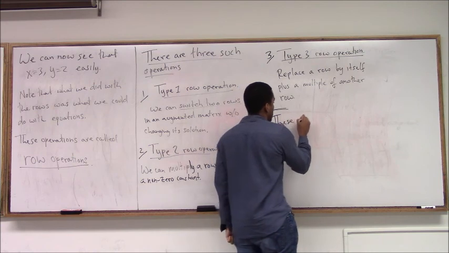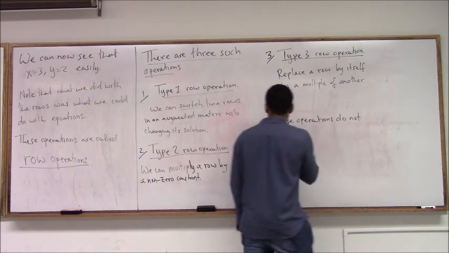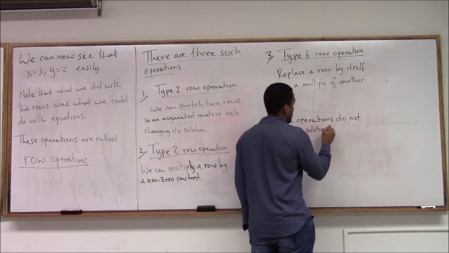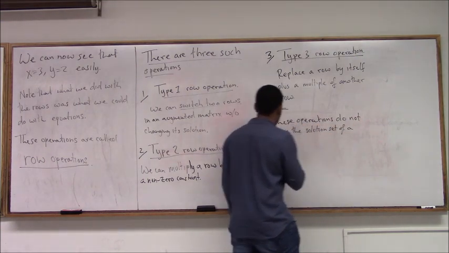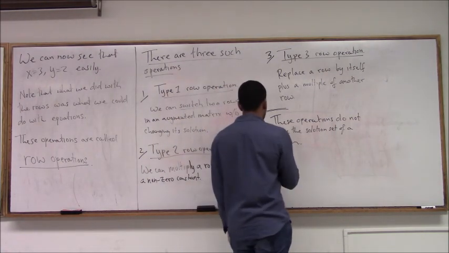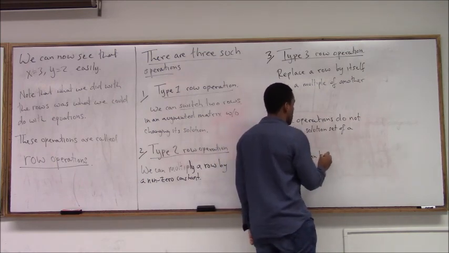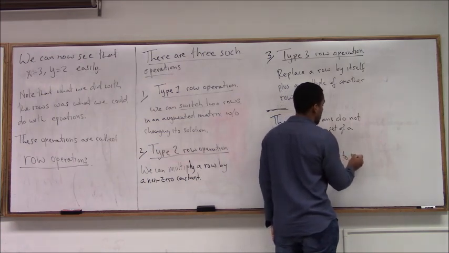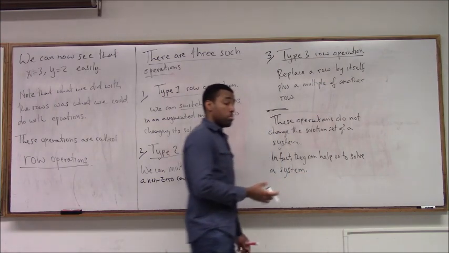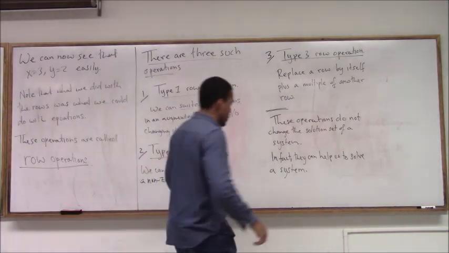These operations do not change the solution set of a system. In fact, they will help us to solve the system. Turns out row operations are useful for other reasons, but one of the reasons is we can use them to help us solve a system of equations.